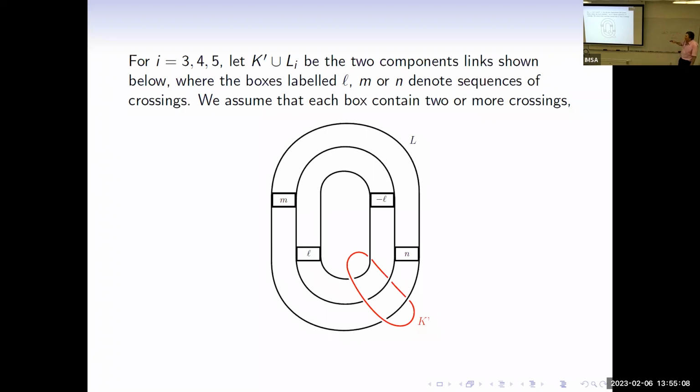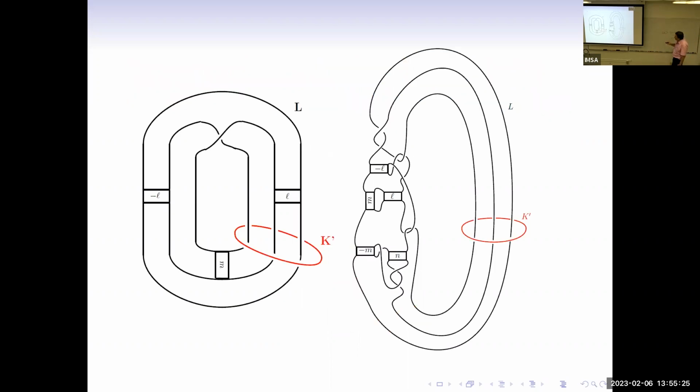If we put rational numbers here, we can find more knots, more choices, so that this is trivial. And then we do the same with 3 and 5.